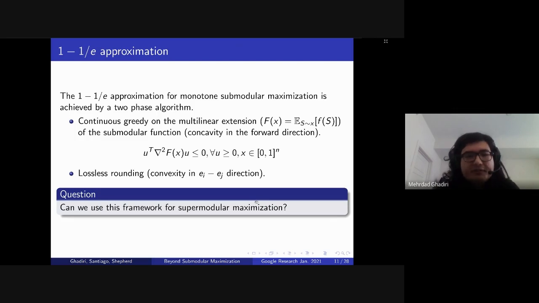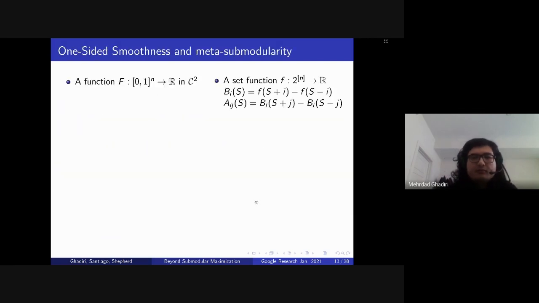But we define some properties that actually allow us to use this framework for maximizing a general function, and the approximation factor we get depends on some parameter.